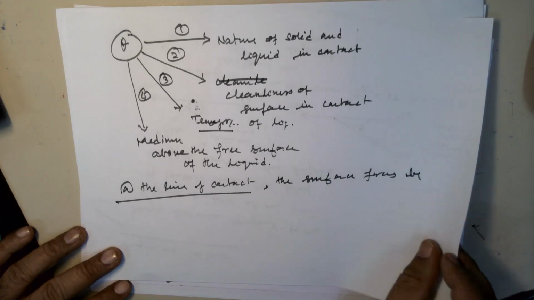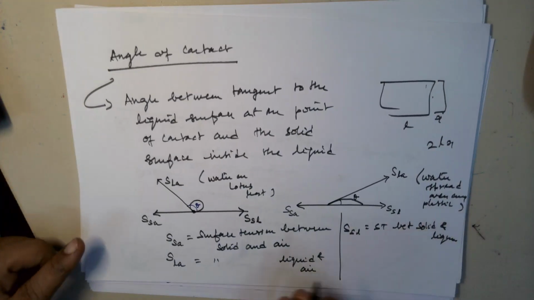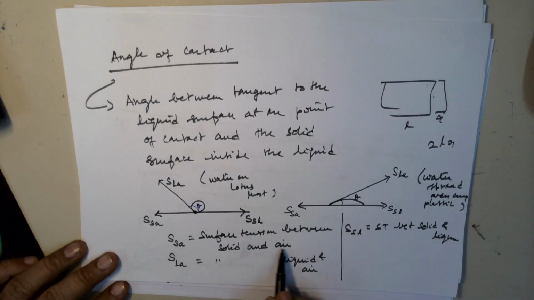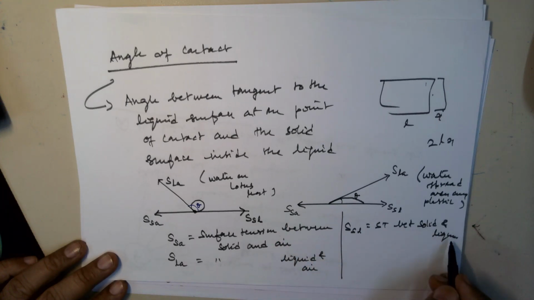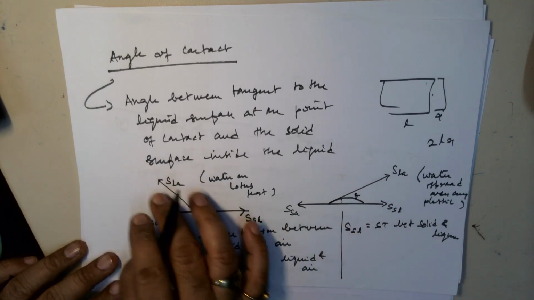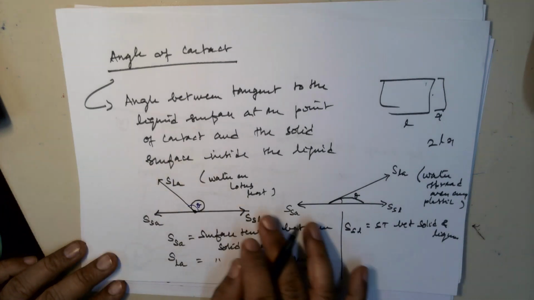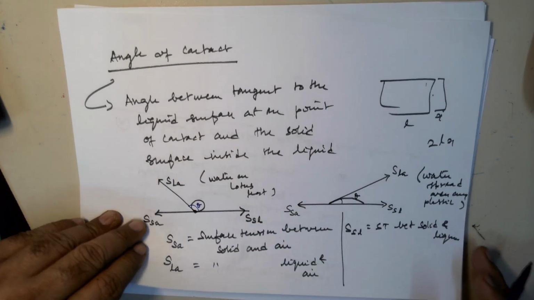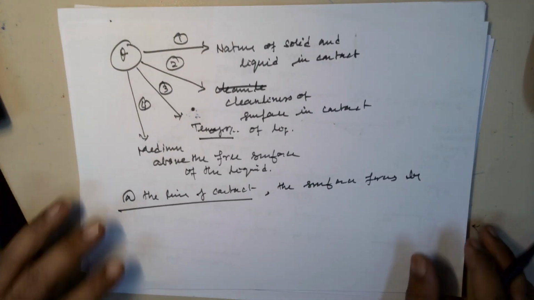What are those three media? That is the solid and air surface, the liquid and air surface, and the solid and liquid surface. So you have the surface tensions in all these directions, and there must be some equilibrium.